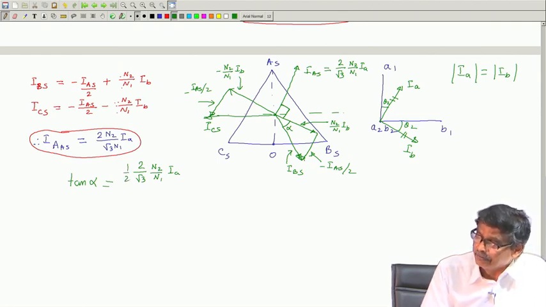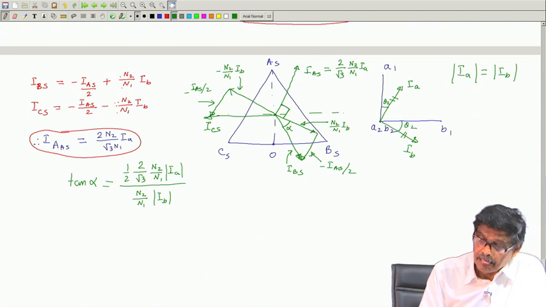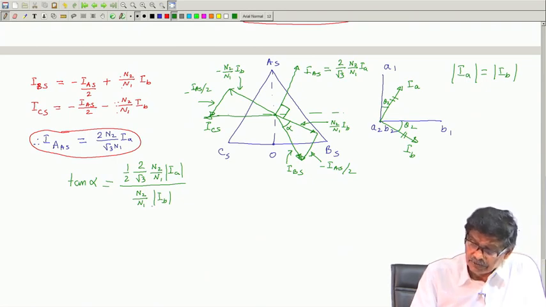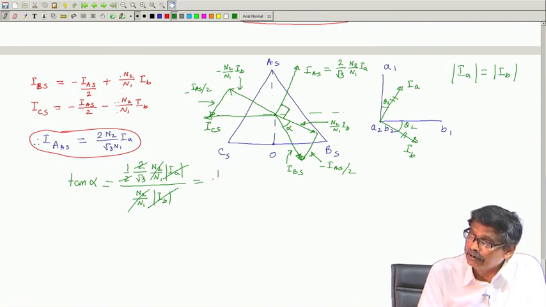This divided by this one, and that is equal to N 2 by N 1 into I b, the magnitudes. I b magnitudes are same. So, this will cancel out and this cancels out, and you are left with 1 by root 3, which indicates that alpha equal to 30 degree.